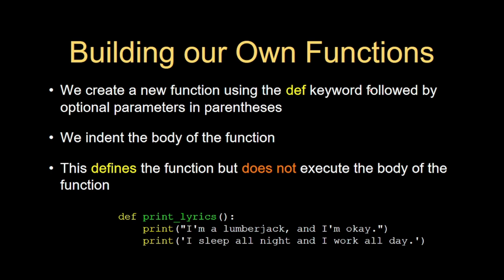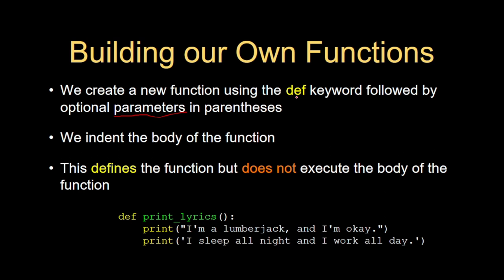How do we build our own functions? We create a new function using the def keyword followed by the optional parameters in the parentheses. The arguments or parameters we pass in the parentheses are optional; if there is a value we pass, it is with parameters, and if not, we can use empty parentheses.